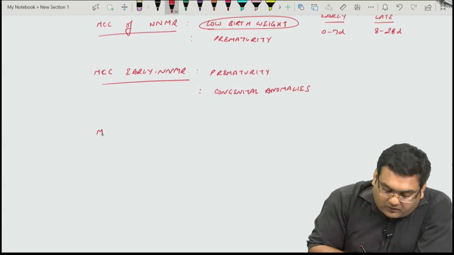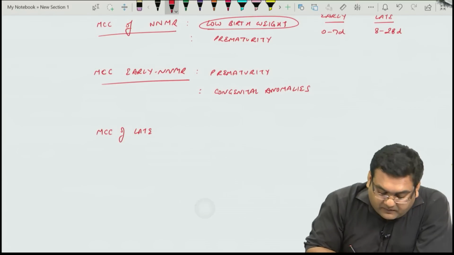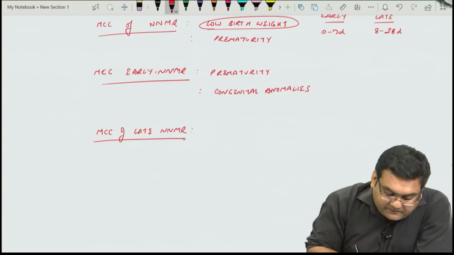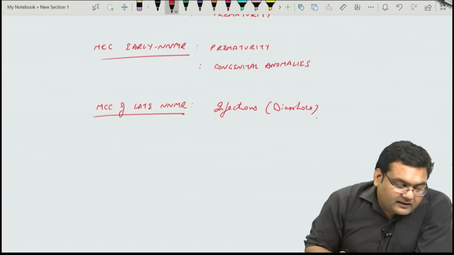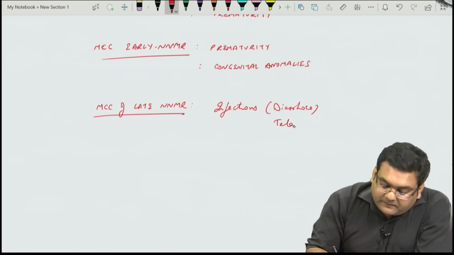And if we talk about late neonatal mortality rate, the most common causes are infections like diarrhea and tetanus.